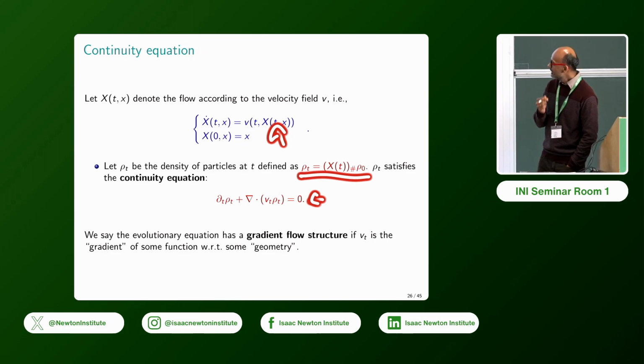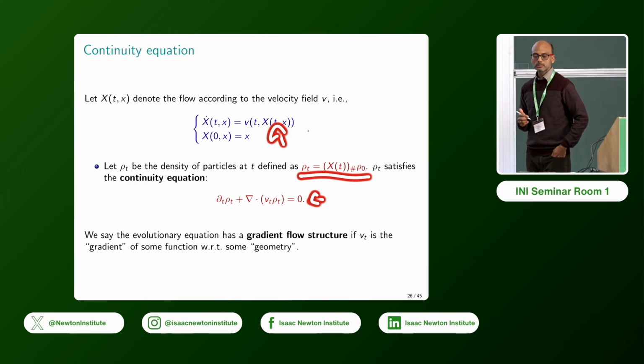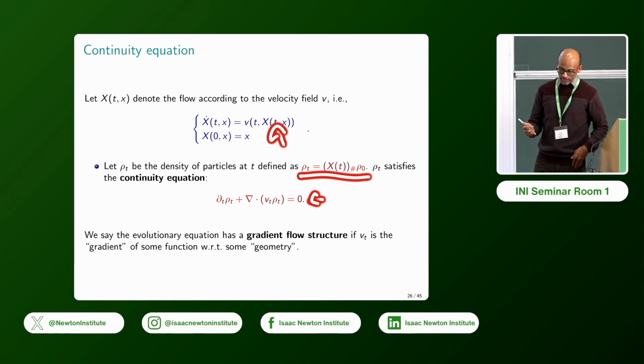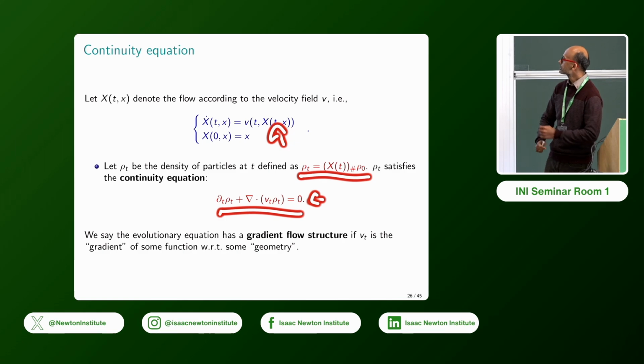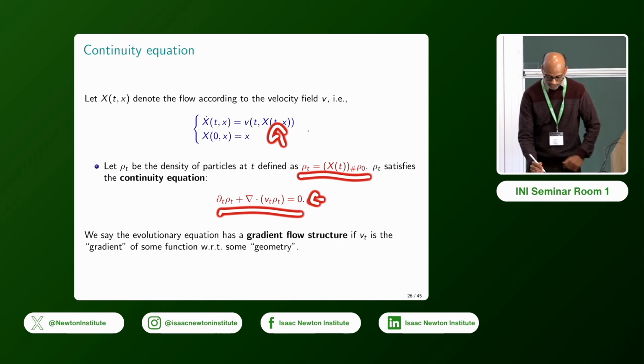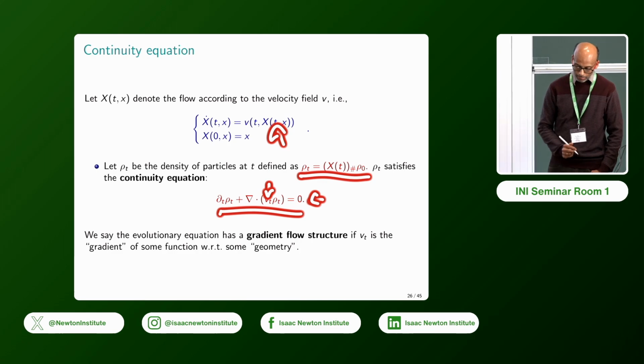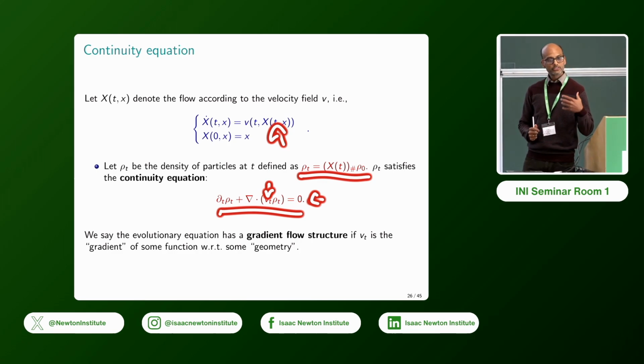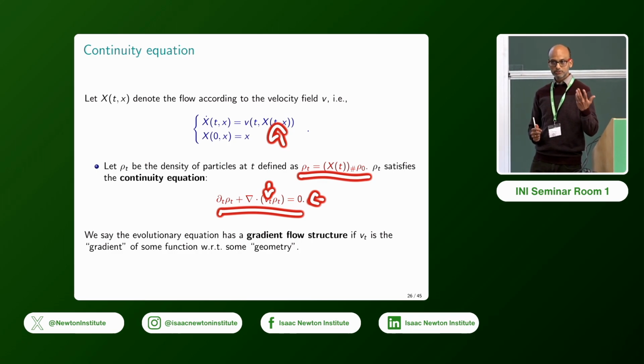Now, what is a gradient flow? A gradient flow is a certain evolution equation. This equation has a gradient flow structure if the vector field V_t is the gradient of some function with respect to some geometry. So there has to be some energy function that I'm trying to minimize.